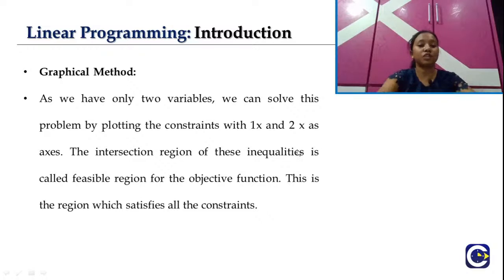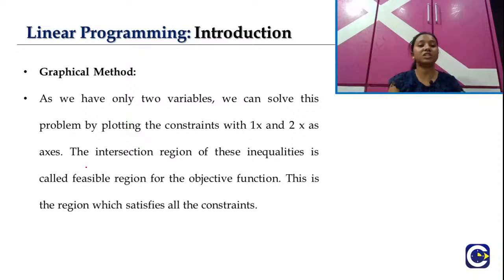As we have only 2 unknown variables, we can easily solve this by plotting all these constraints using our graphical method, which means plotting them on a graph, taking our x and y axes.